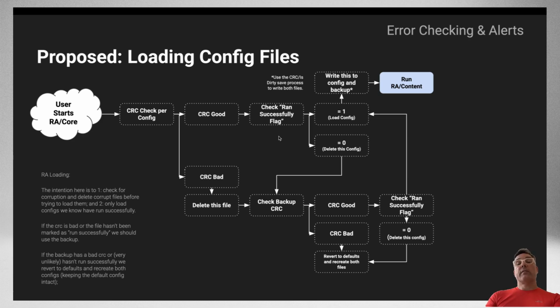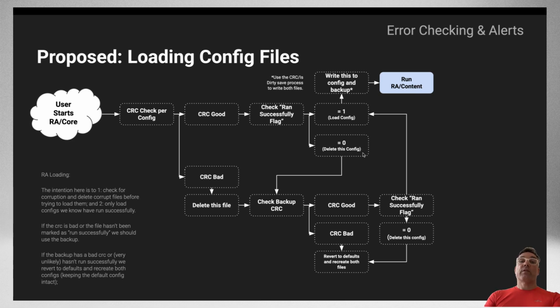And my proposal is, if the answer to this is no, then we either delete this config or potentially rename it to something else so the user can manually have a look at it later, but we don't use this file, right? If it's yes, it's run successfully, then we load the file, and then we make sure that this file also becomes the backup, because this is a working file. And then we continue on to load the content.